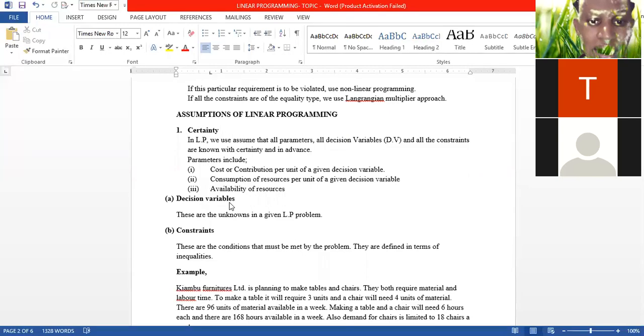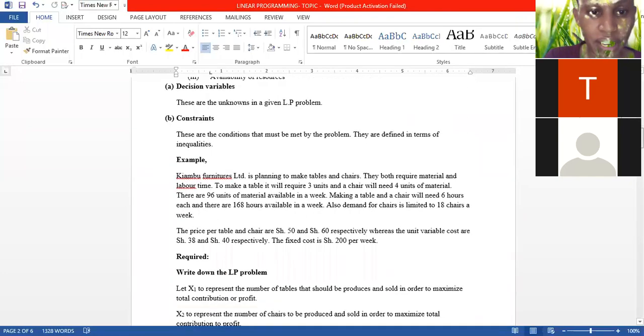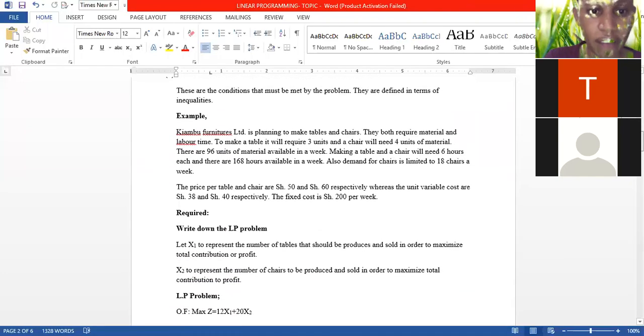Those numbers of units are the ones that you intend to find at the end, constituting part of your major solution to the problem. So when you are solving an LP problem, you must have identified those decision variables.